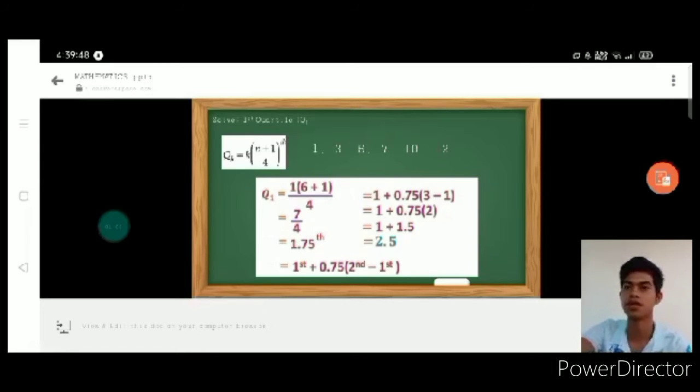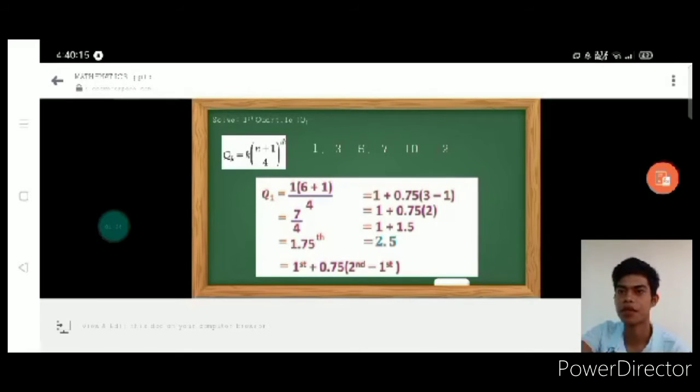Solve the first quartile. The given quartile here is 1. So use the formula of quartiles: Q sub k equals k times the quantity of n plus 1 over 4. So Q sub 1 equals 1 times the quantity of 6, the number of items, plus 1, over 4.